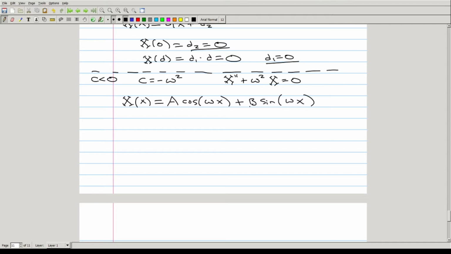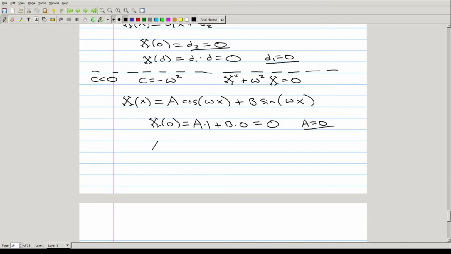Where a and b are constants, and we have to satisfy the boundary conditions. x of 0 is cosine of 0, which is 1, so a times 1 plus b times 0 has to be equal to 0. So a is 0 will satisfy this boundary condition.